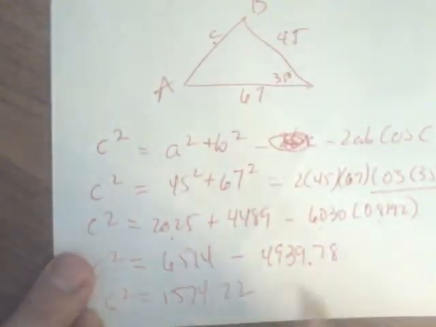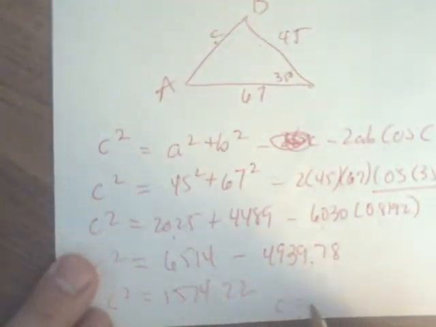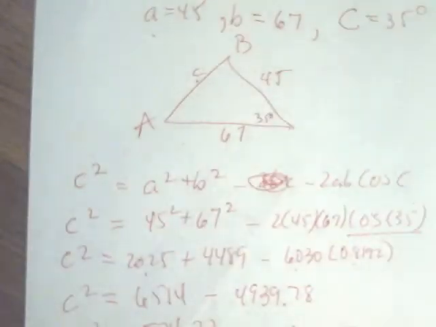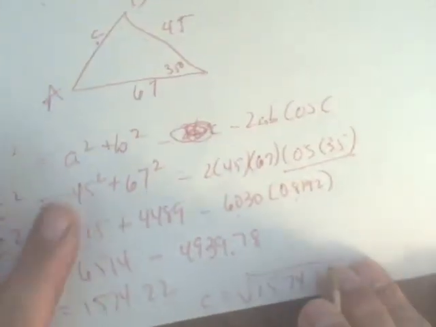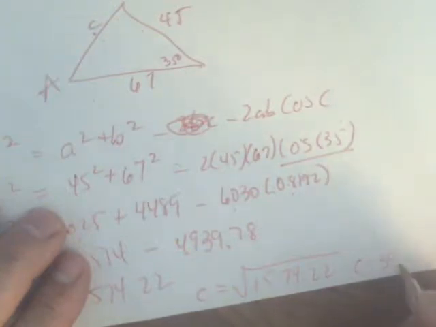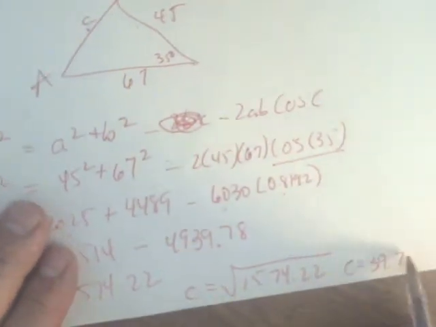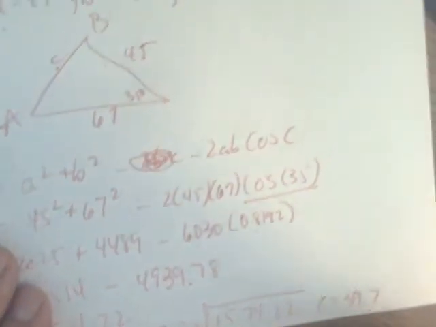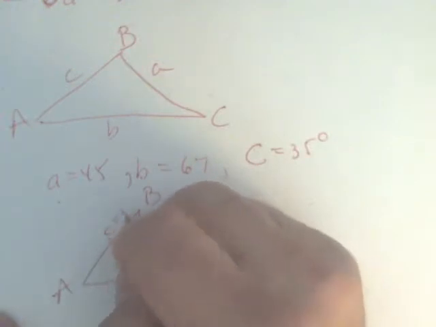So c is the square root of 1574.22, and I get 39.7. Now, depending on what you're asked to round to, it could be 39.7, could be 40. But that's c. So now I filled in c.